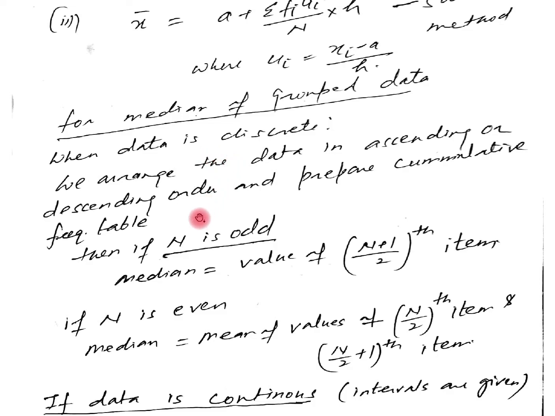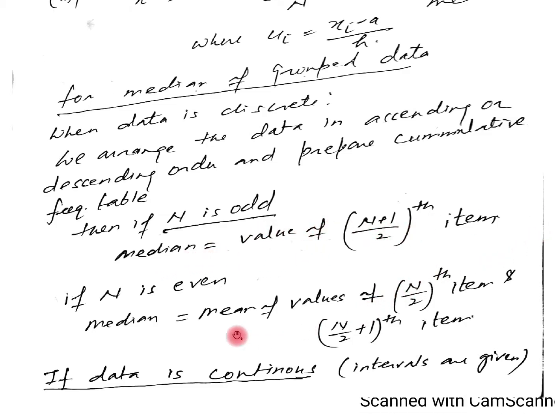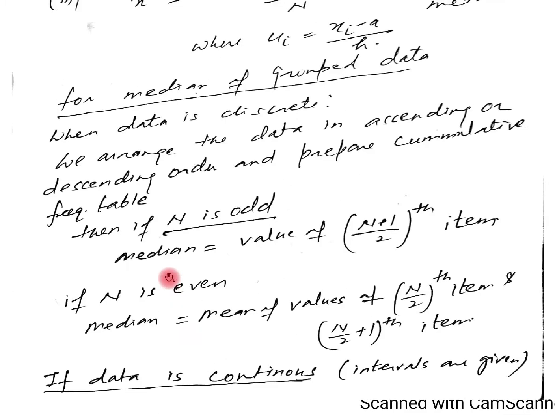It means the length of interval is not the same. Then first we make the cumulative frequency table, and again if n is odd, then the median is the value of the n plus 1 by 2th item. And similarly, if n is even, then the median is the mean of the values of the n by 2th item and the n by 2 plus 1th item.